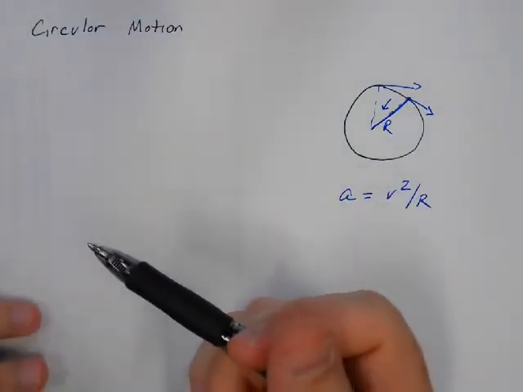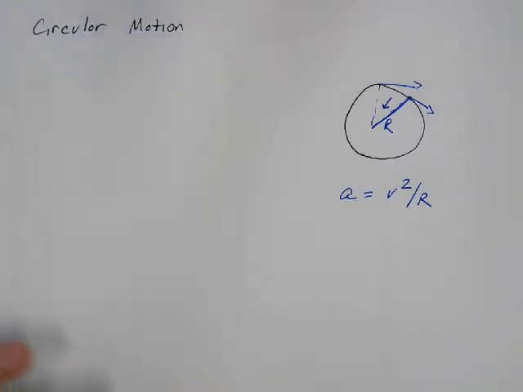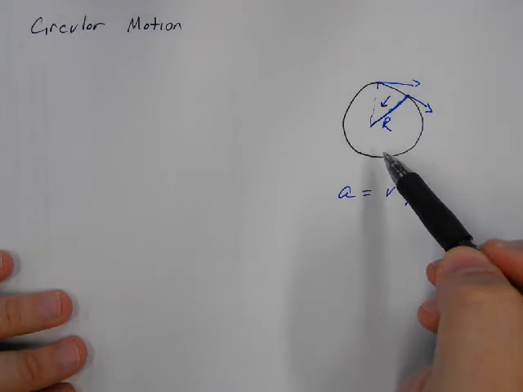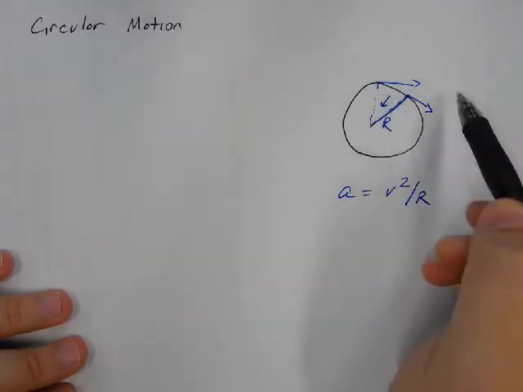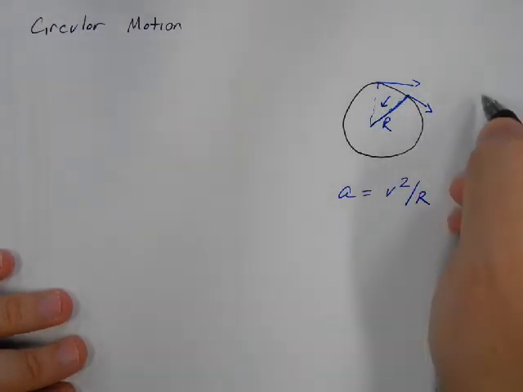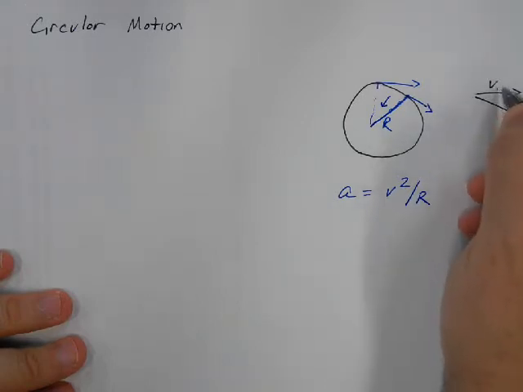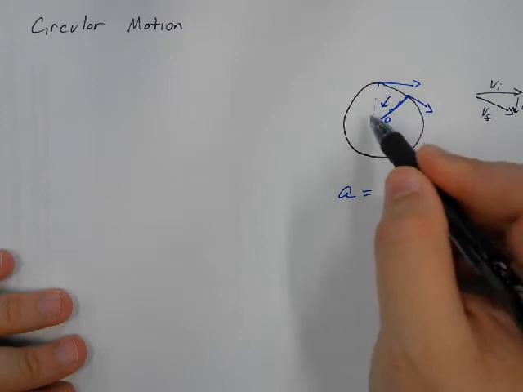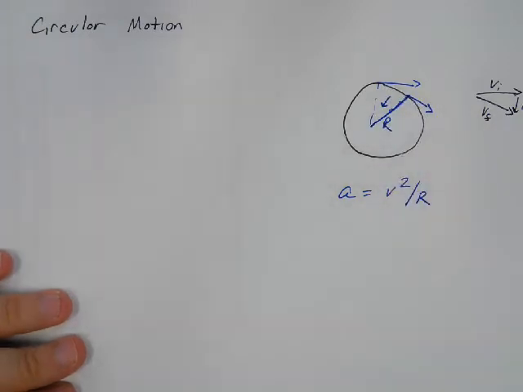It's not a crucial thing to know, but it's one of those things where the way to solve this easiest is through geometry. Is to say, hey, there's similar triangles here. You have one with v initial and v final and delta v. And then you have the one that's interior to this circle with the radiuses and the change in position.